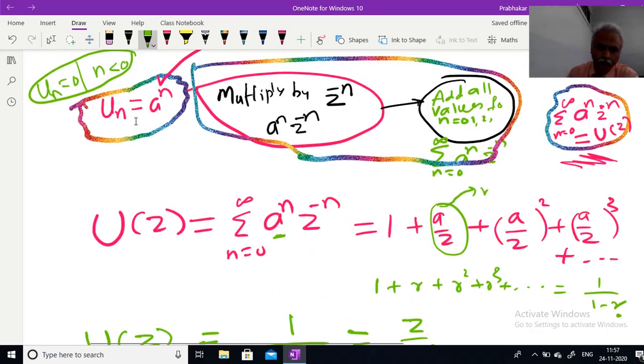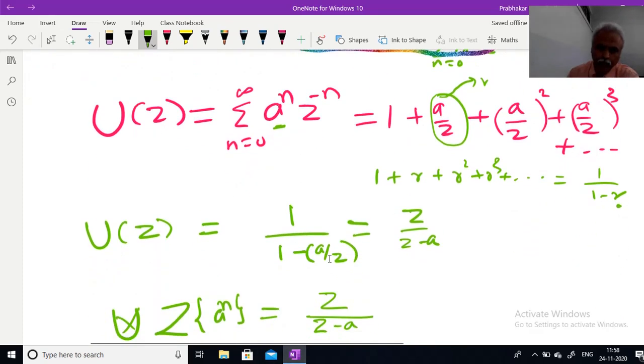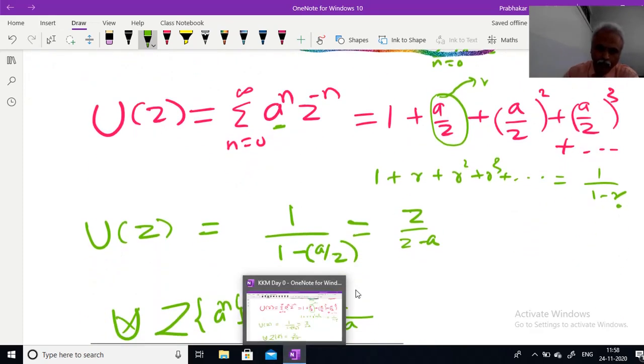N function here and corresponding z function here via multiplication is the first operation, adding is the second operation. Multiplication, adding. So we multiplied, added. At last, after some simplification, we got z function.